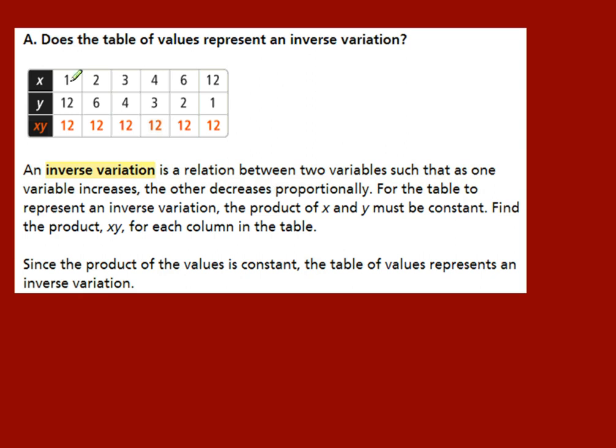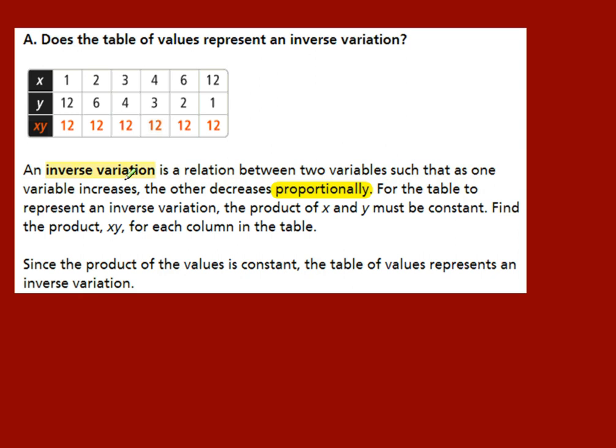Now, three things are happening. You've got one variable increasing, the other decreasing, and then this word proportionally is very important. For the table to represent an inverse variation, the product of x and y must be constant. That's the proportional thing. And we're going to look at that in just a second. But let's check off the other two first.